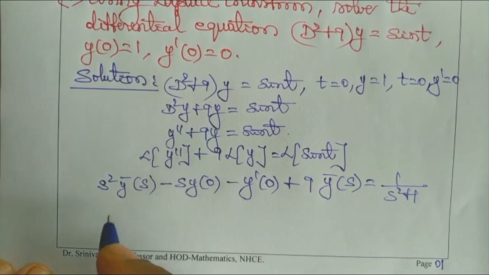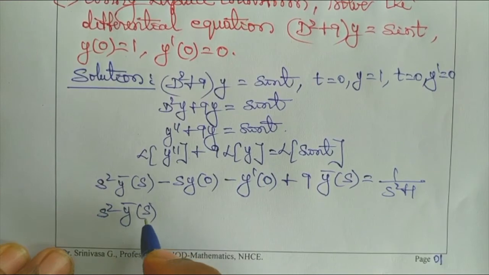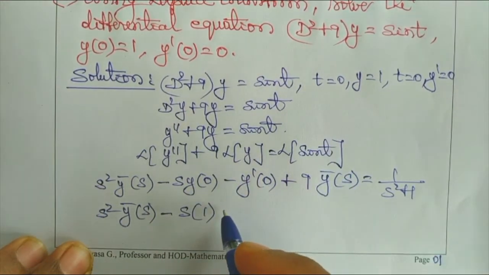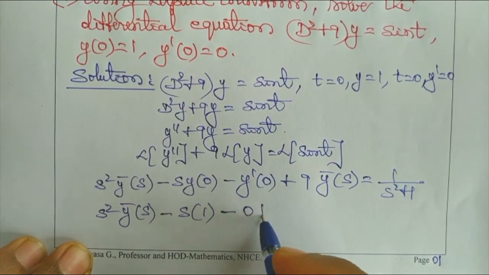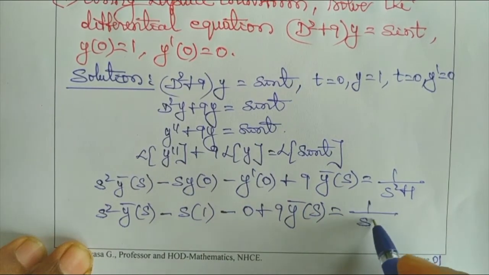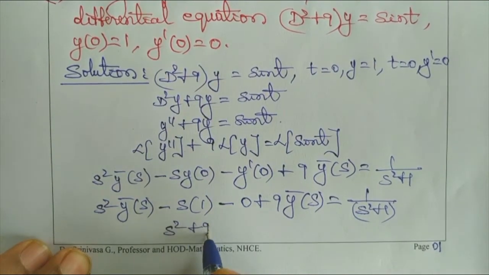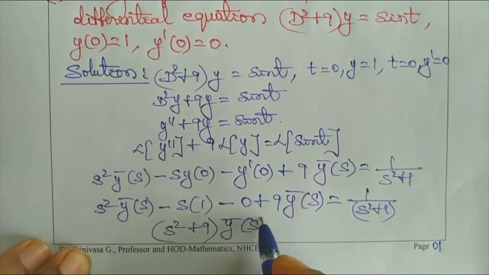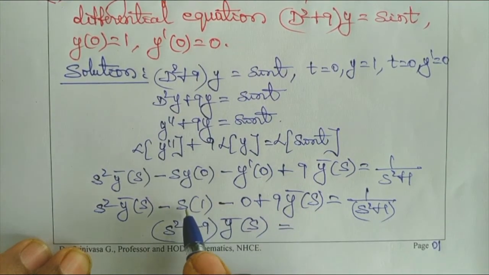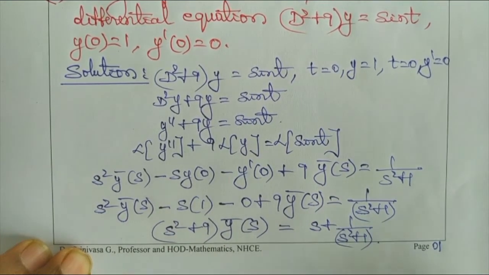Now this can be written as s square into y bar of s minus s into 1, because y of 0 is 1, minus 0, plus 9 into y bar of s is equal to 1 divided by s square plus 1. This can be written as s square plus 9 of y bar of s is equal to, this minus s you bring it this side, plus s, 1 divided by s square plus 1.